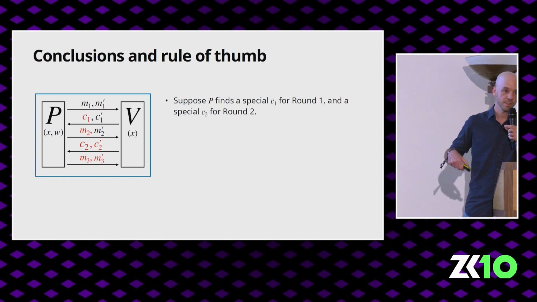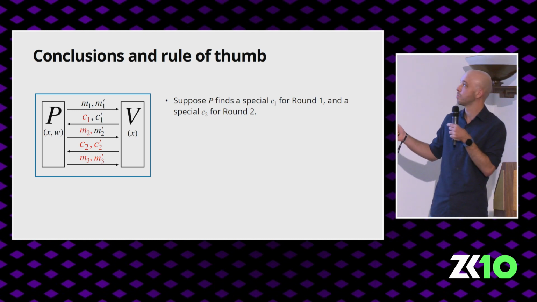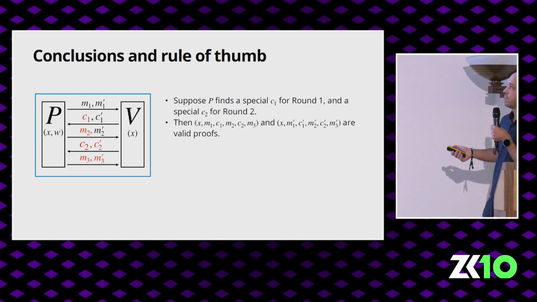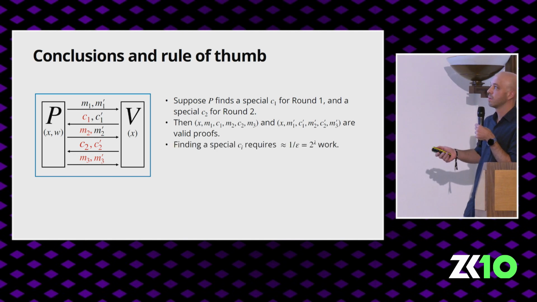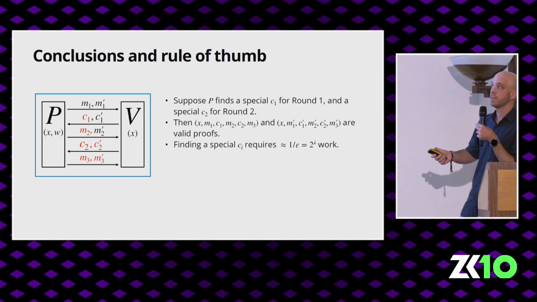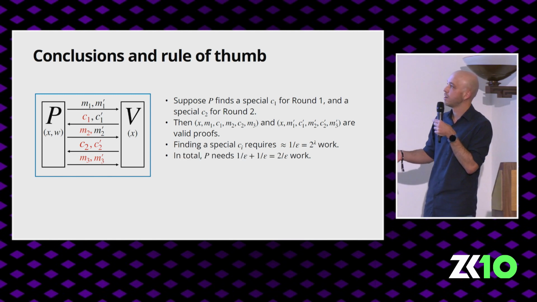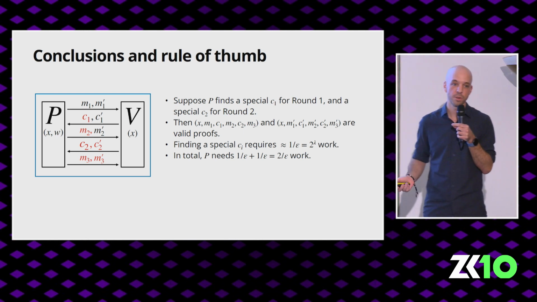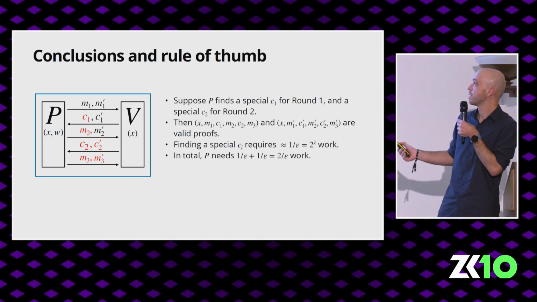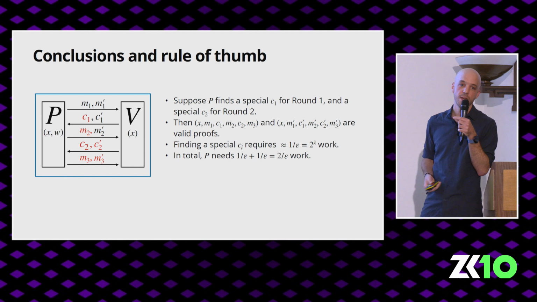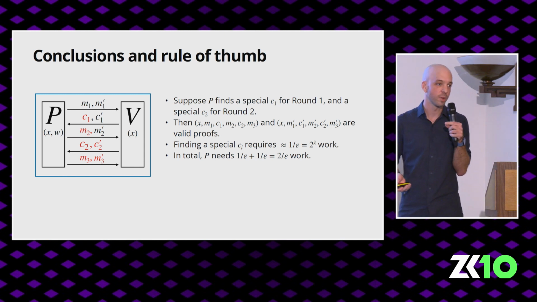If the prover succeeds in these two steps, the verifier accepts. We saw that succeeding at step 1 requires 2 to the lambda work, and succeeding at step 2 requires 2 to the lambda work. So in general, the prover needs to do 2 times 2 to the lambda work, so 2 to the lambda plus 1 work.